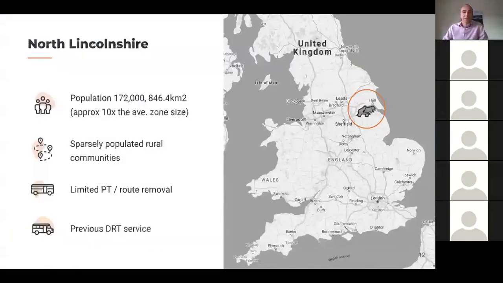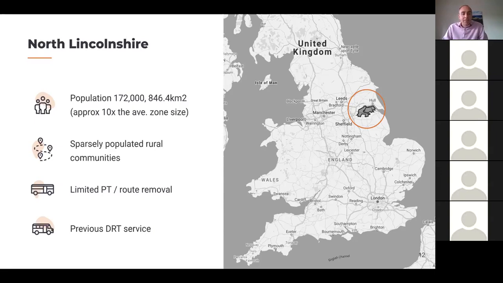Hi, good morning. Thanks, Elise. So just to start from the beginning of this, I'll also talk about North Lincolnshire. North Lincolnshire's a fairly rural county, south of the River Humber, with lots of fairly small settlements and limited public transport in some respects, although there are good connections in and around Scunthorpe and then more interurban services.